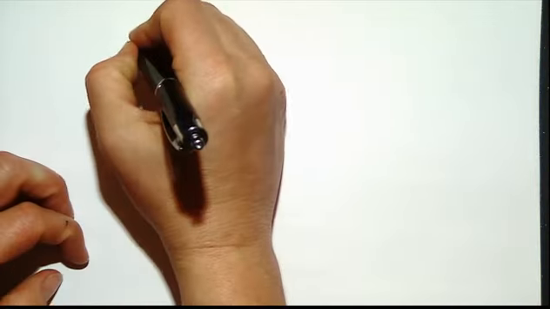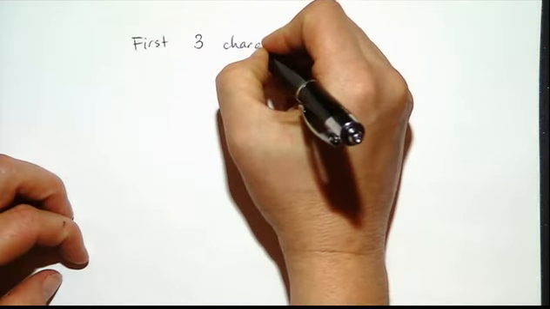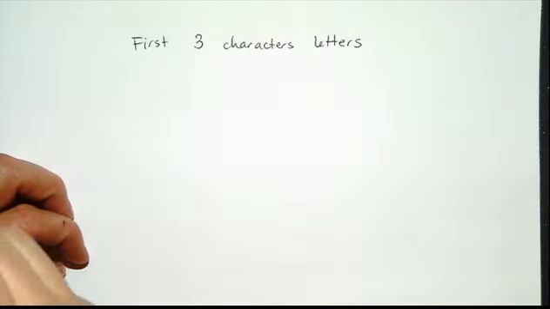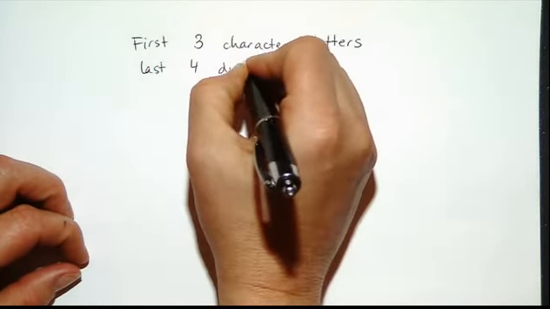The next thing we need to do: we introduced one thing when we were solving our last problem on license plates. License plates are a classic counting problem. Everybody does them. So what if I told you that the first three characters have to be letters, and then the last four have to be digits?